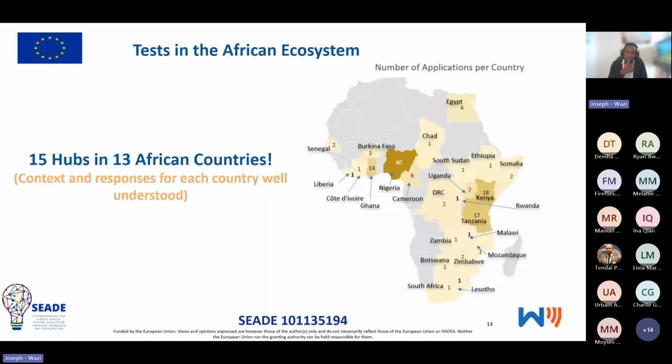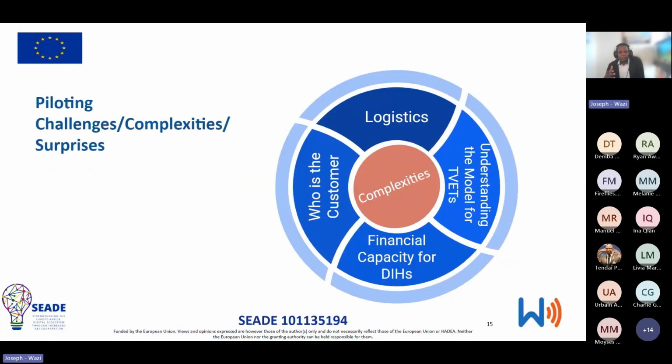We already tested it with 15 hubs in 13 African countries. The response was quite positive, but it still did not mean that we were ready to actually hit the market. We are still facing many complexities.